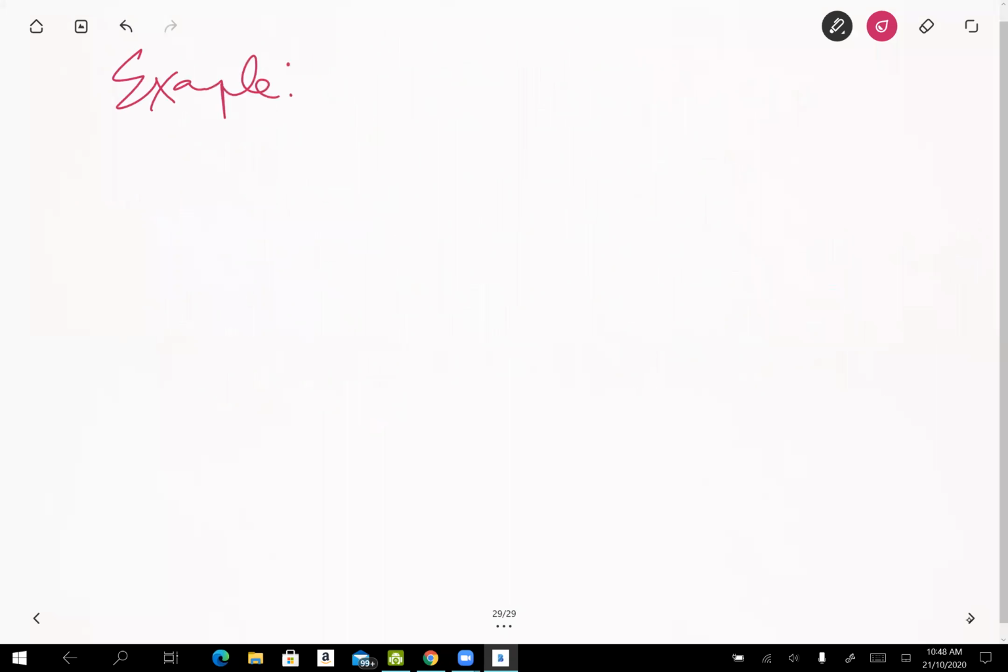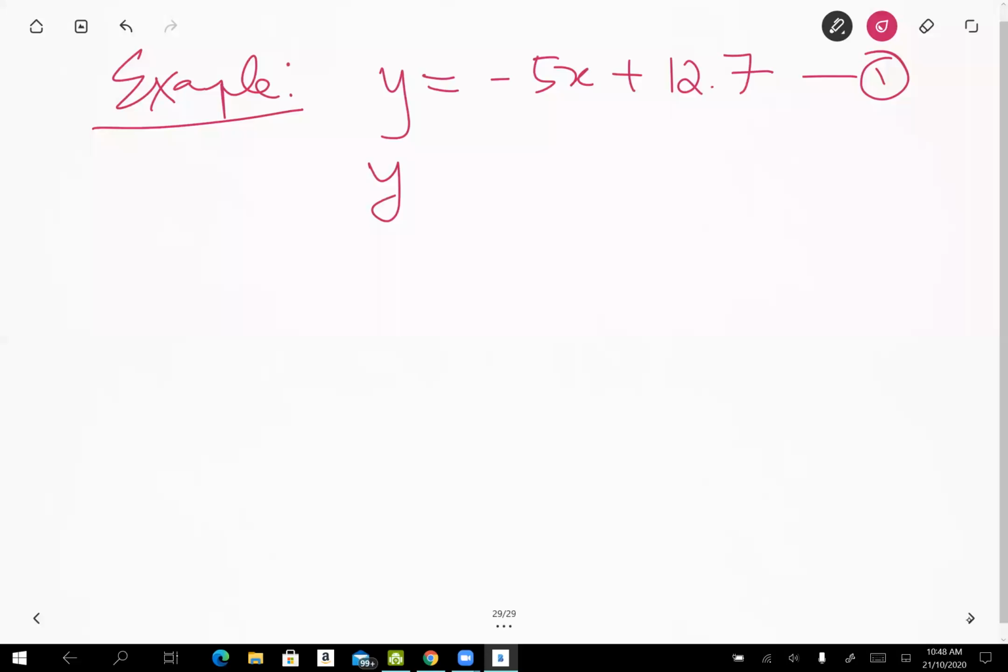We just do an example of a system that you want to find the solution of. Say I have the equation y equals negative 5x plus 12.7. Call it number 1. And then I have another one, y equals 2x minus 20. Too many 2s, so replace the 2 with other numbers.